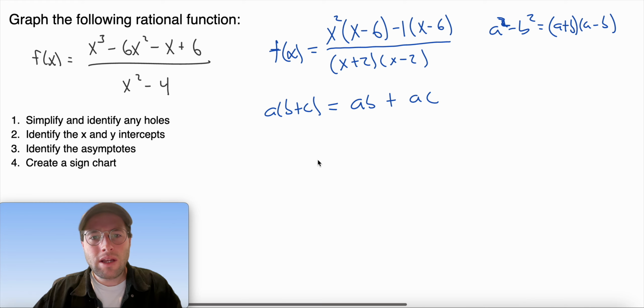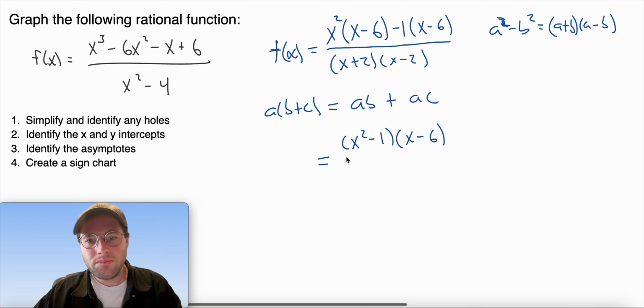So then we're going to go down to a times b plus c, this is going to become x squared minus 1 times x minus 6. Where again, this would be our a, and then this is our b and c here. Okay, and then we'll write out the denominator again, x plus 2, x minus 2.